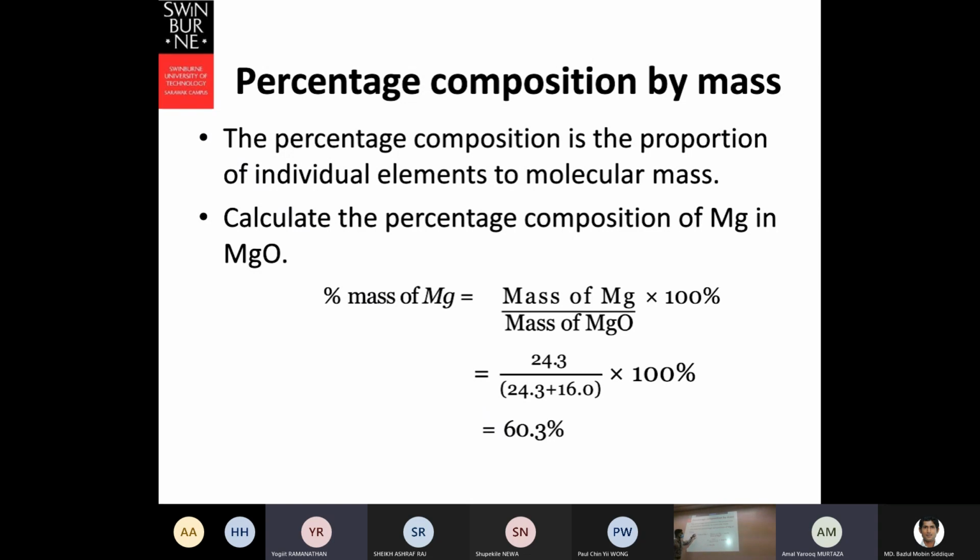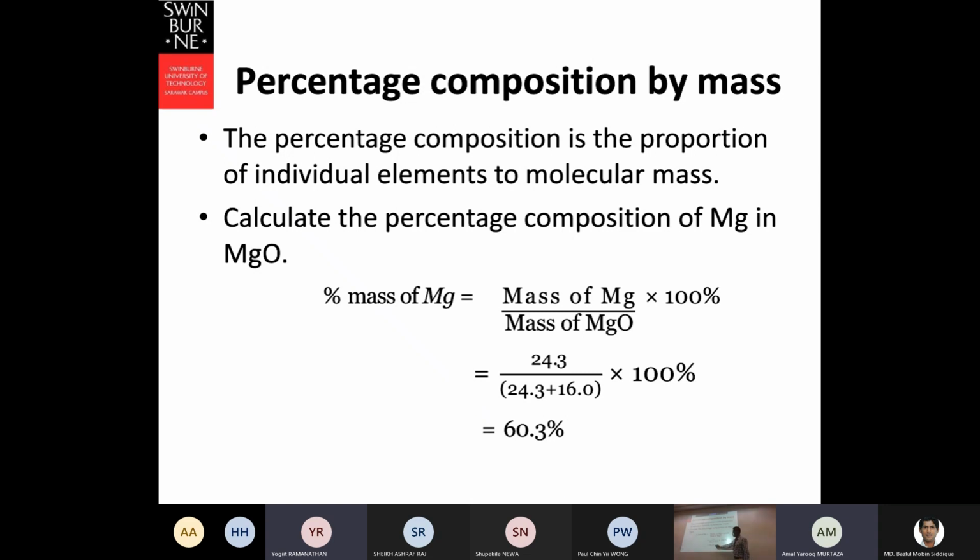We get the total mass of this compound, and then the mass of the element we want to know. We divide the mass of that element by the total mass and multiply by 100%. That will be the percentage composition for that element in that compound.